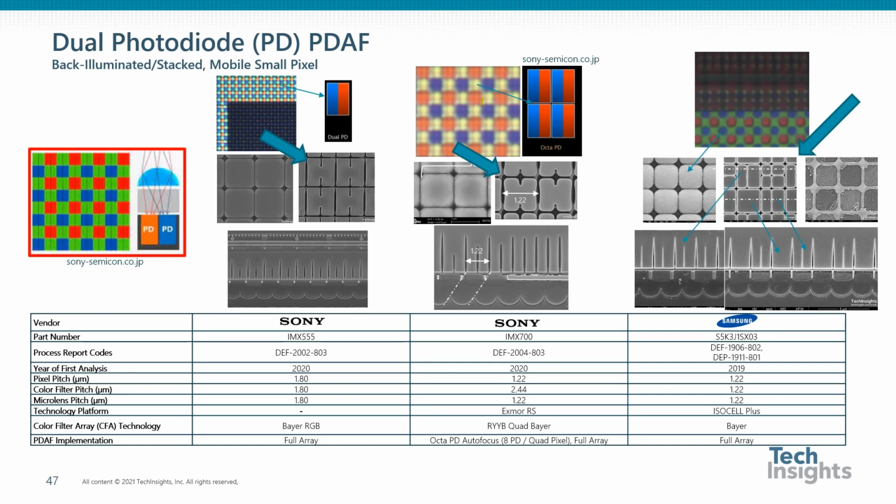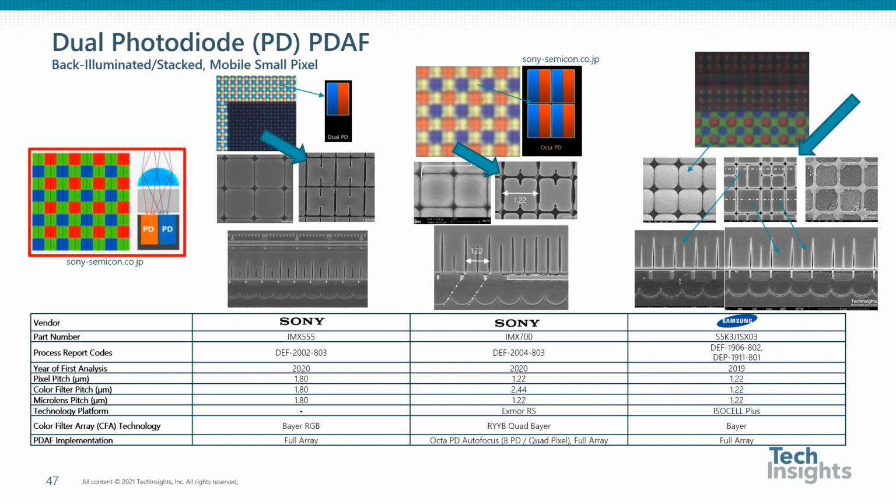Next, we look at dual photodiode comparisons. Here we are looking at Sony's IMX555 and IMX700 in comparison to Samsung's S5K3J1 sensor. The IMX555 is a full array dual photodiode with Bayer RGB.